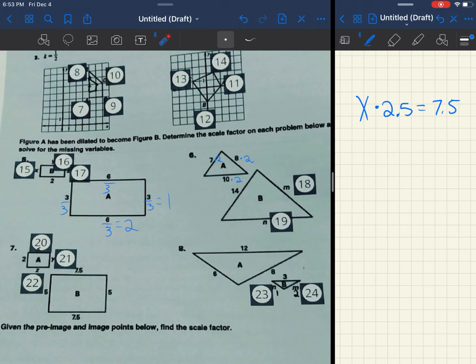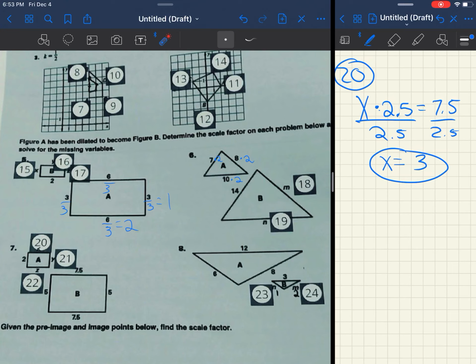And then I solve that. The opposite of multiplying by 2.5 is dividing by 2.5. So I divide both sides by 2.5, and x equals 7.5 divided by 2.5 is 3. So the answer to number 20 is 3.